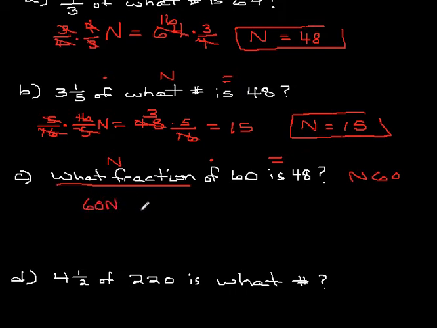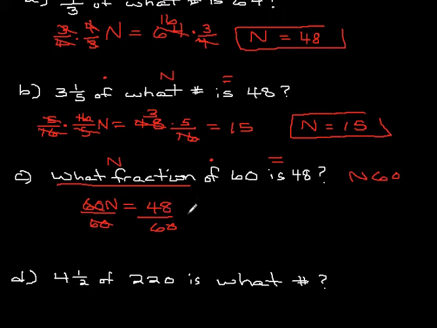Equals 48. If you don't get a whole number for an answer, it could be like 3/1, but typically it's going to be a fraction with two non-1 numbers. So divide by 60. The 60s cross out, we get n by itself, and we're going to reduce this. 12 goes into both of those, so it's going to be 4/5.